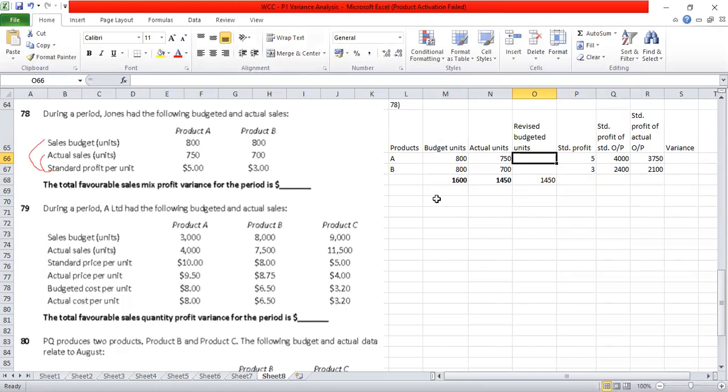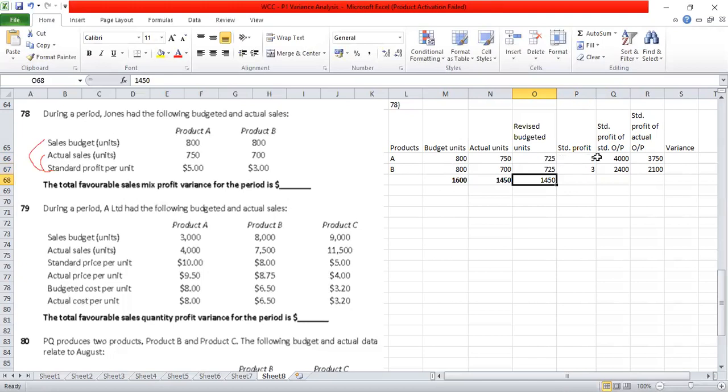Equally, they have to be mentioned, because they are in the ratio of 800 and 800, 1 is to 1. So, 1450 divided by 2, into 1 by 2, into 1 by 2. So here also it is 725.